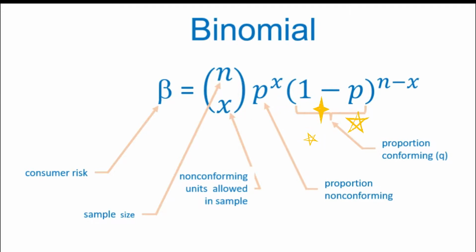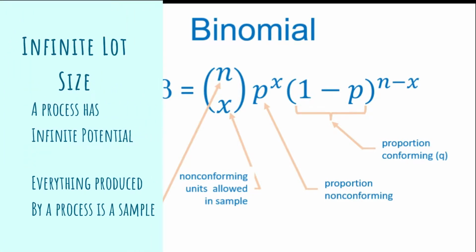But there is no provision for lot size. This is because the assumption is that there's an infinite lot size, because the binomial distribution is used for process control. And when you think about a process that has infinite potential, everything that's produced by that process is a sample.